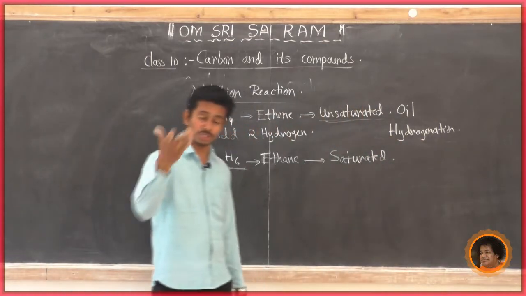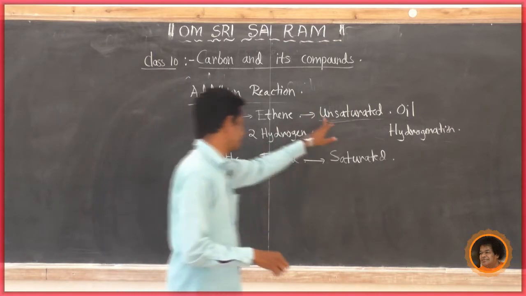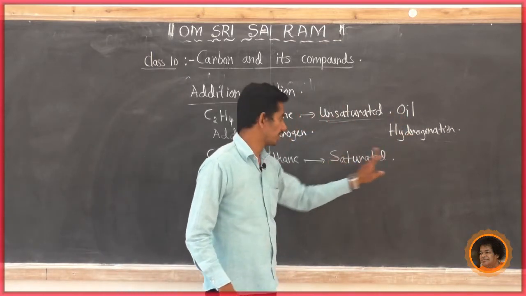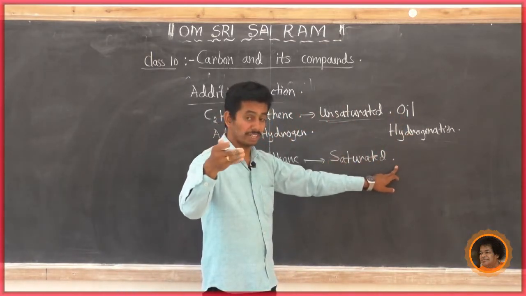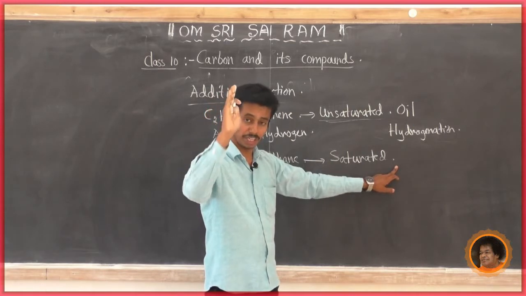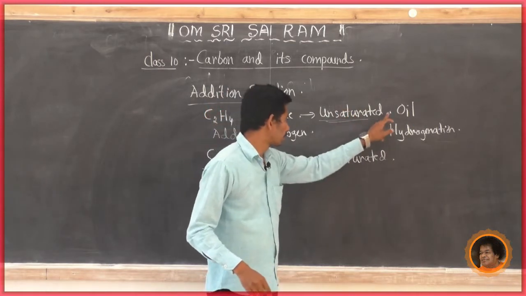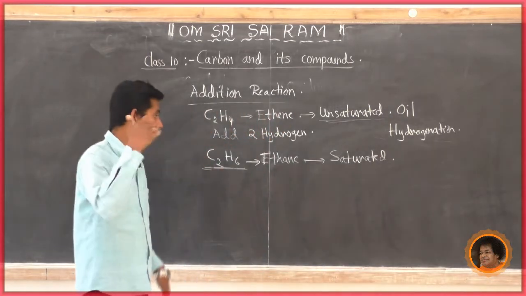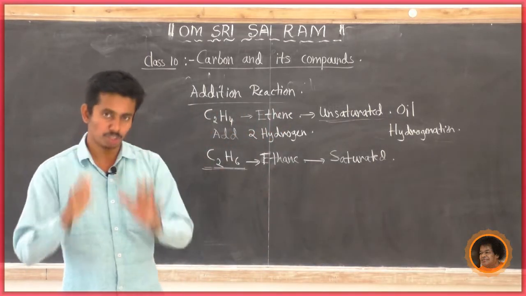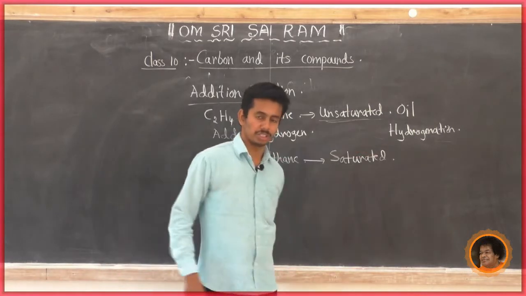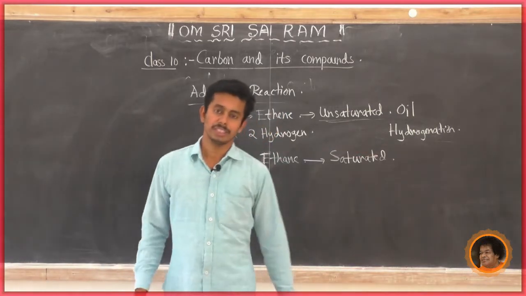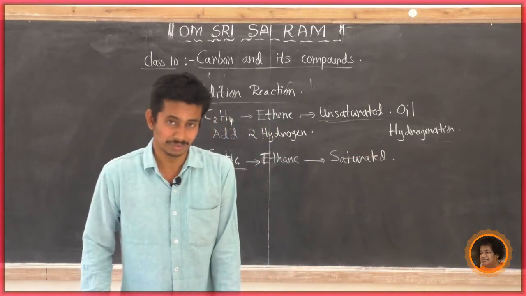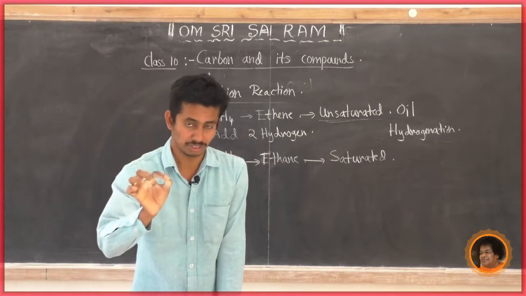So from hydrogenation we convert unsaturated oil into saturated fat. So the shelf life of that fat is very high compared with oil. That process is called hydrogenation. Now the fat does not digest easily, so it is not good for health.